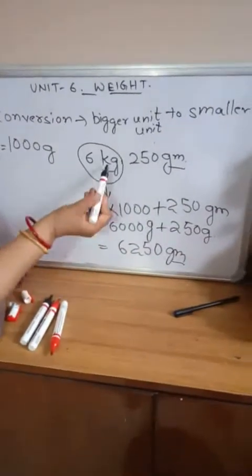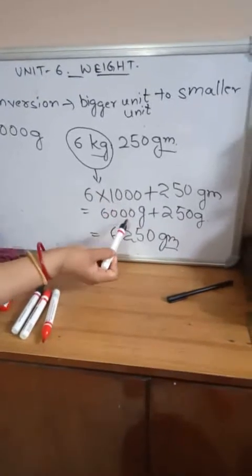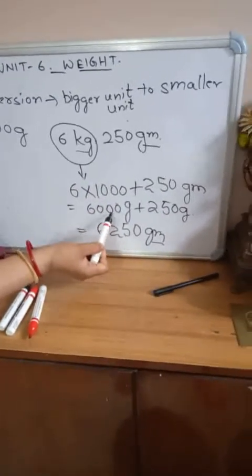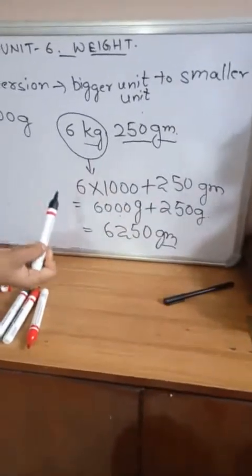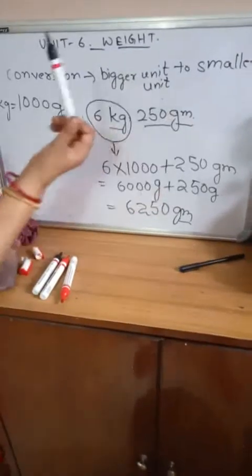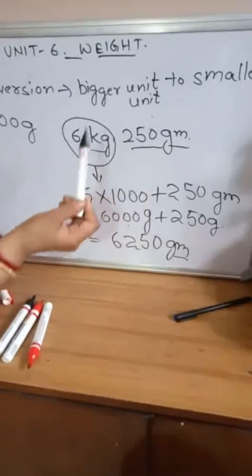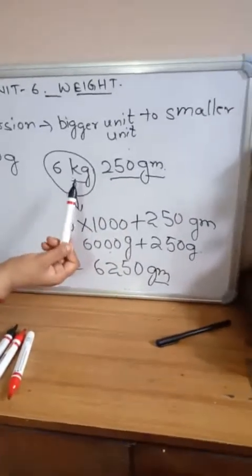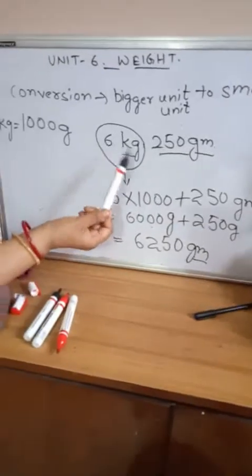Simple. Just convert the number of kilogram into gram, and then we add this to the number of gram. Firstly, we cannot add the number of kilogram with the number of gram. We have to make the unit the same. So I have taught you how to convert kilogram into gram. Let us firstly convert kilogram into gram.